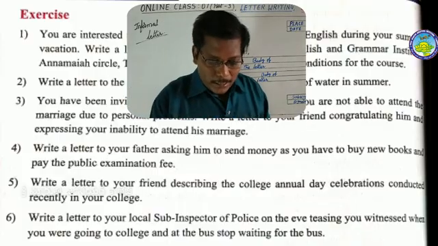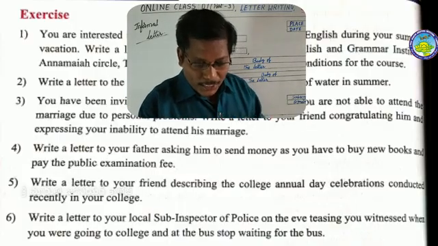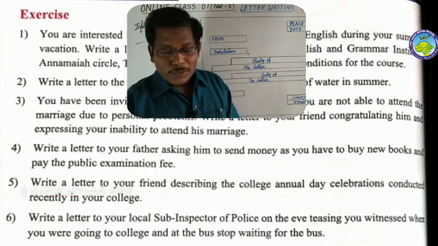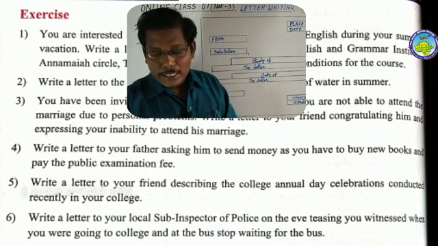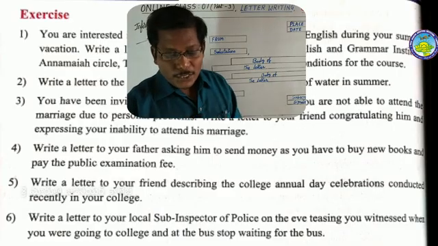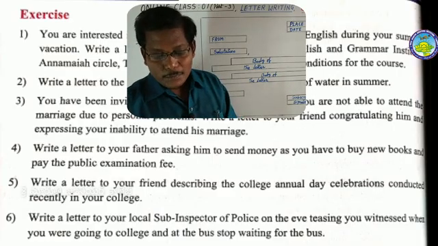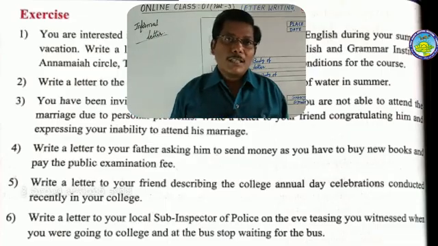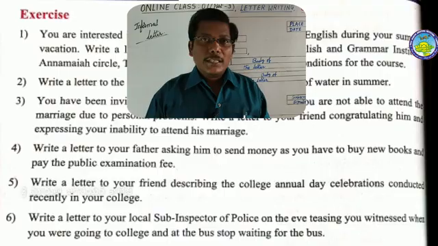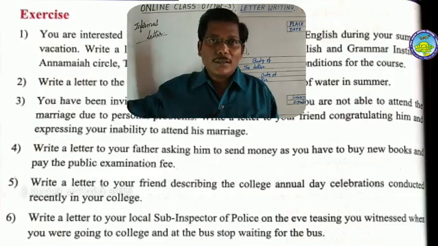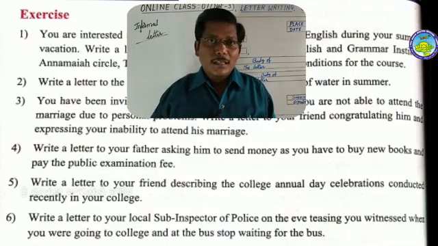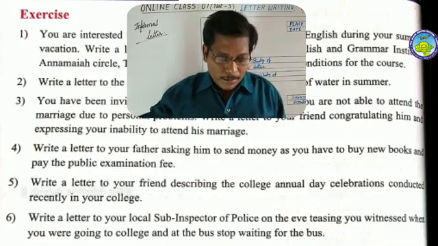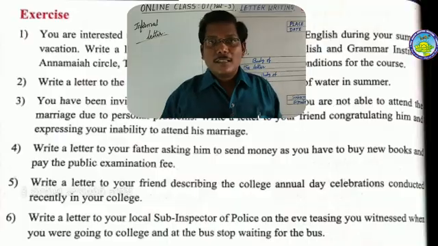Okay, next, finally you see the sixth one, write a letter to your local sub-inspector of police on the eve teasing you witnessed when you were going to college and waiting for the bus at the bus stop. So eve teasing is nothing but sometimes some boys tease some girls who are going on the road, at bus stops, at colleges, at libraries, such as that is called eve teasing.